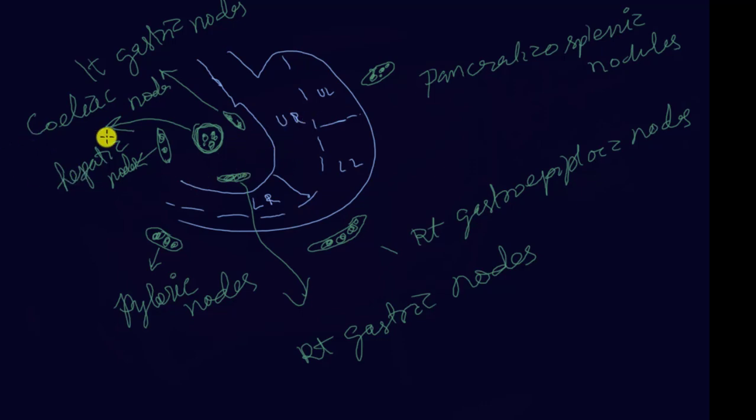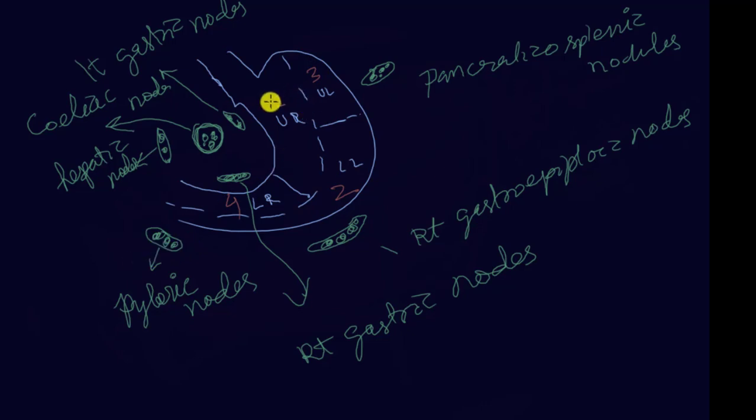The lymph from, so see, this is area number 1, upper right. Here this is area number 2, this is area number 3, and this is area number 4.